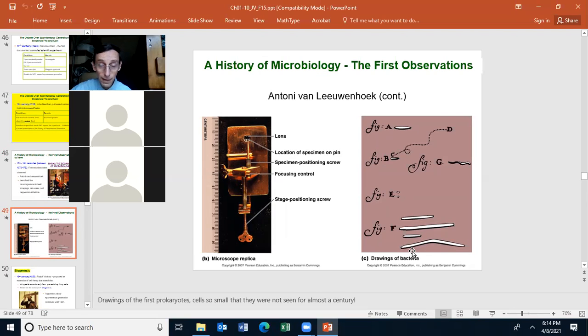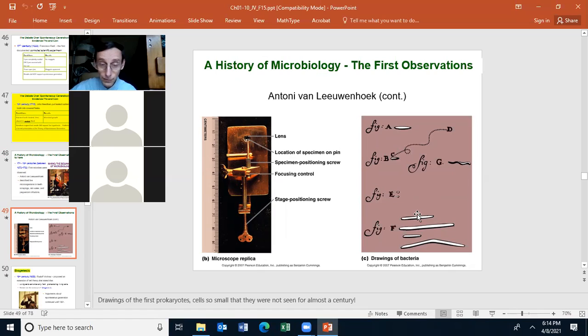It wasn't until 100 years later that the microscopes improved, and then other people confirmed the existence of bacteria that Antonie van Leeuwenhoek saw, recorded and drew 100 years earlier.